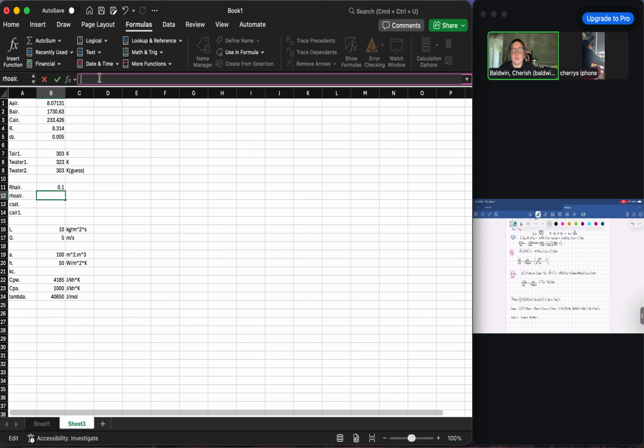This is the molecular weight multiplied by 103.25, divided by our gas constant R times the temperature of air.